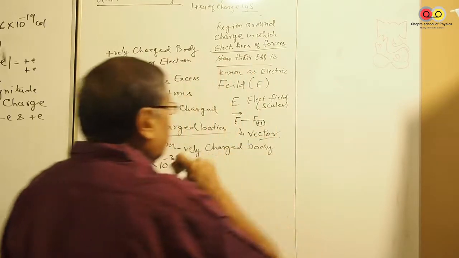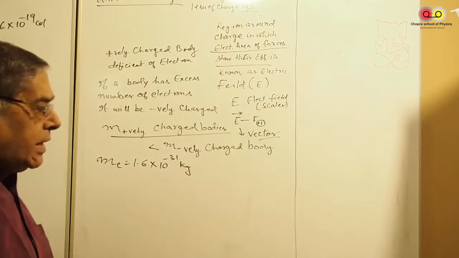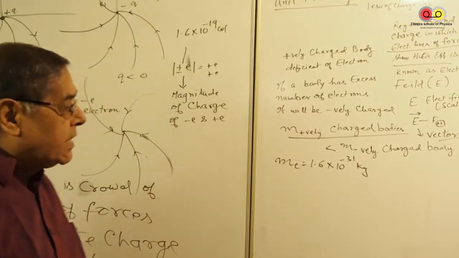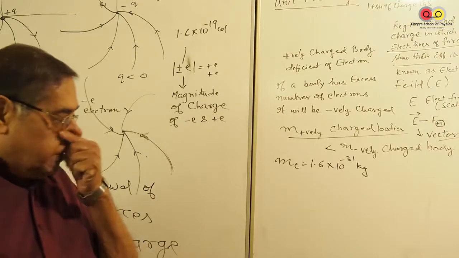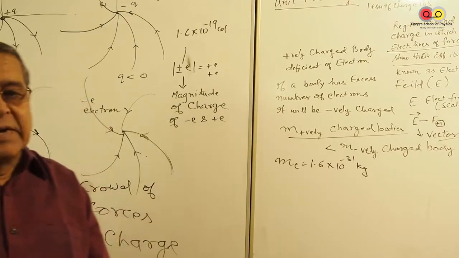So the electric field is the volume of the electrical lines of force, and electric field intensity, the force experienced by a unit positive charge, is a vector.